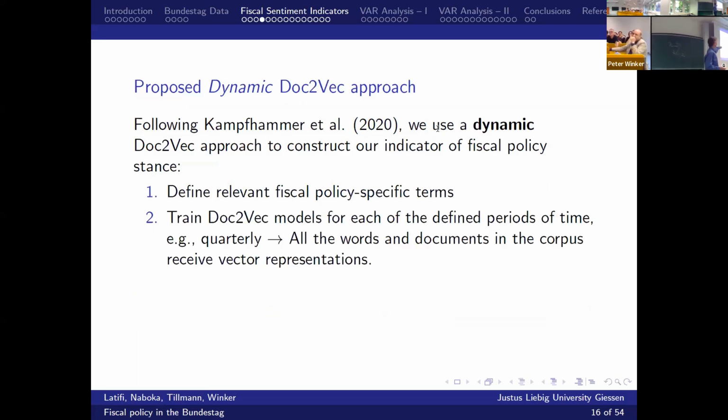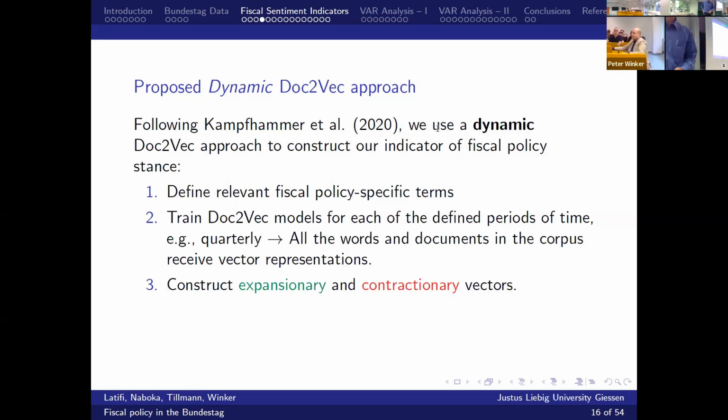So we train this embedding for a period of 10 years at a quarterly frequency, and then everything is embedded, and that's used for the next quarter prediction, let's say, of the speeches coming up in the next quarter. So we don't use the full sample to learn, but we use the past to learn and then apply it always to the next quarter to make it in a way really ex ante, apart from the topic model, which is not yet.